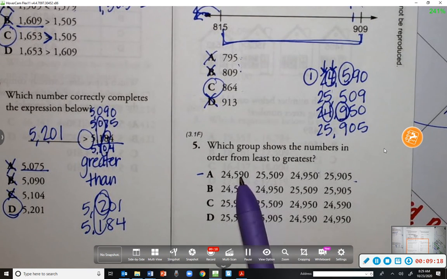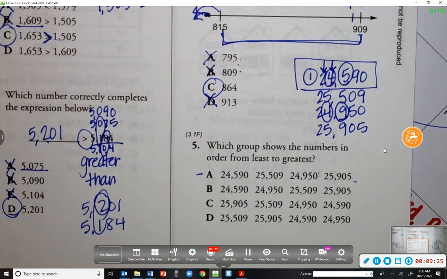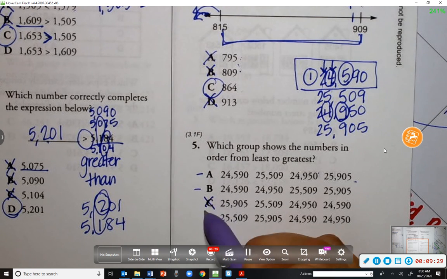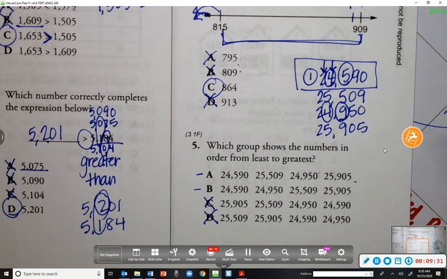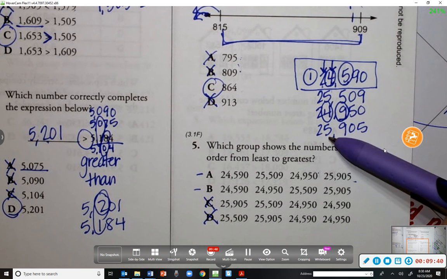So I'm looking down and I'm going to go ahead and eliminate any answer choice that does not have this number in the front. A and B look good, so we're going to eliminate C and D. Now I'm going to go on and find the second least. Well, we should already know because this is 24,000. We don't want 25,000.